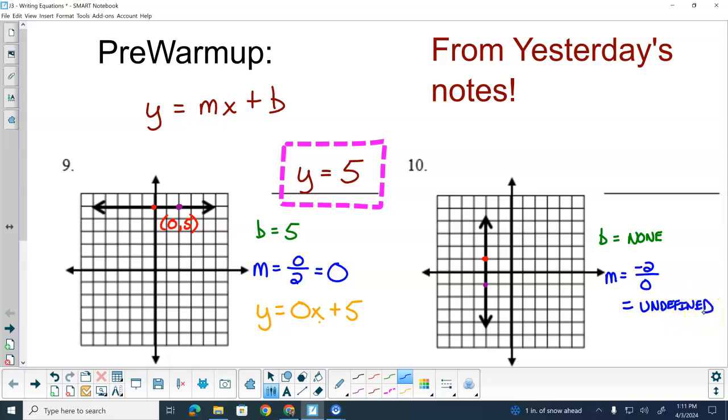No y equals mx plus b for this one. Nope. So it can't look like y equals. So then it's going to be x equals. And what does x equal? -2.